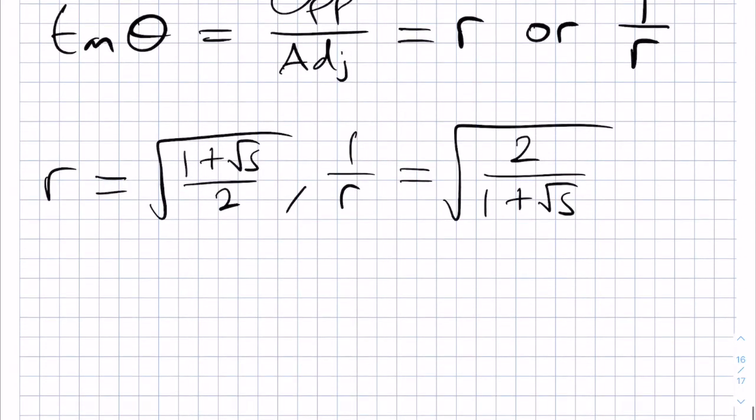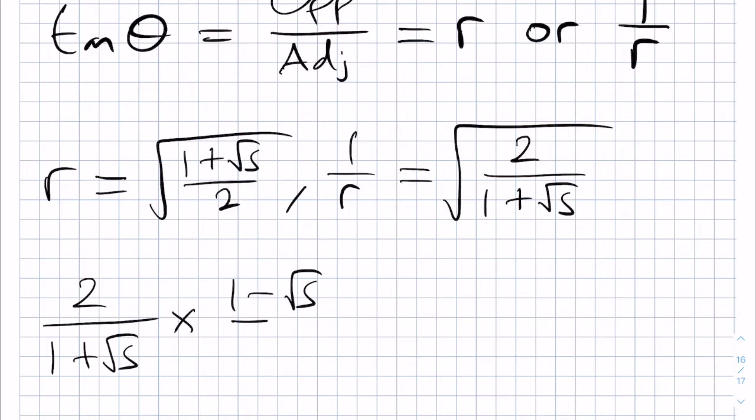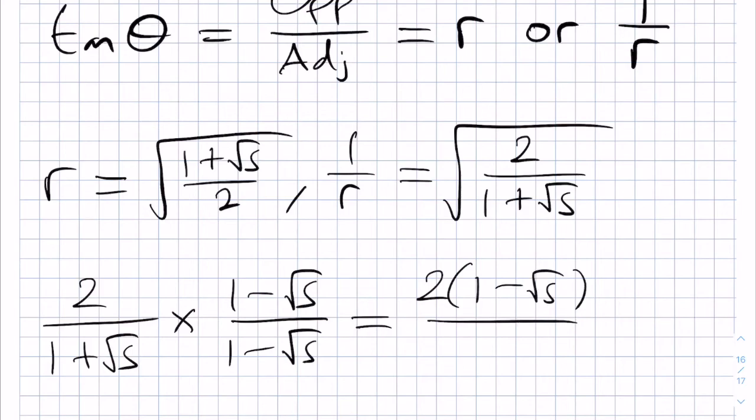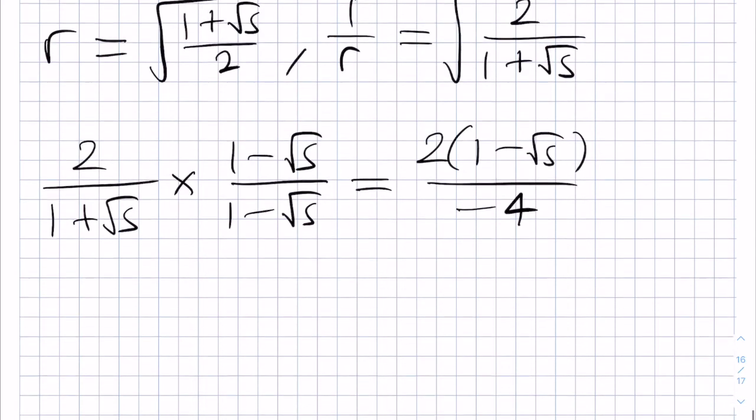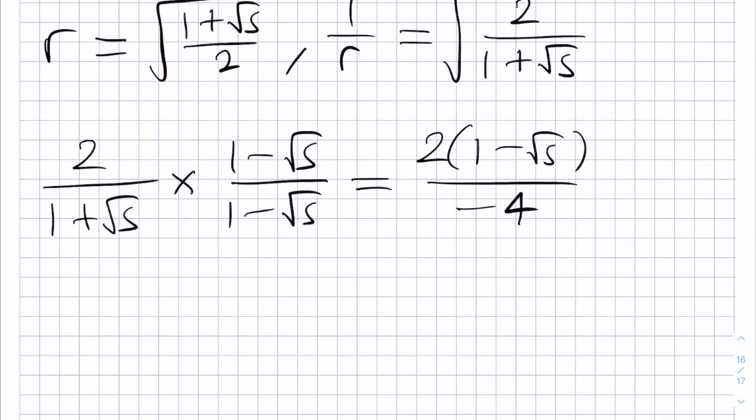If we look at 2 over (1 plus root 5) and multiply top and bottom by (1 minus root 5), then what do we get? We will have 2 lots of (1 minus root 5) on the top, and then the denominator will be 1 squared minus 5, which gives us minus 4. And therefore, by cancelling appropriately with the minus as well, we get (root 5 minus 1) over 2.